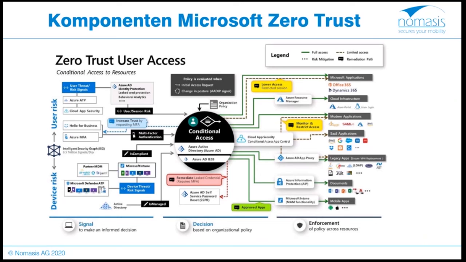So is he allowed or does he need MFA and so on? And on the right-hand side, we have all the data. In this case, it's the Microsoft Azure, Office 365 and so on. You can see below signal, decision, enforcement. This is actually how Microsoft is including this.